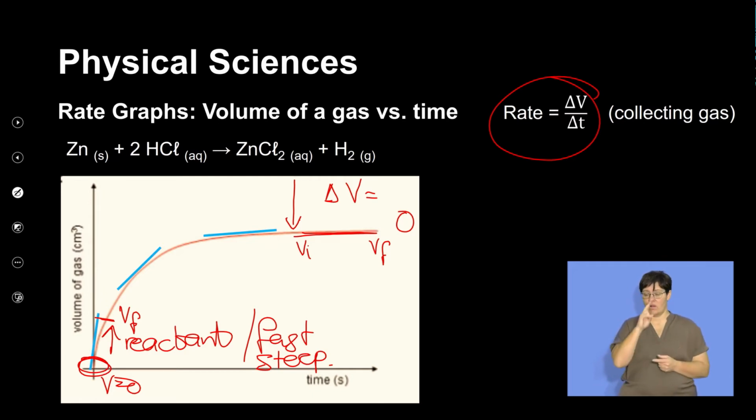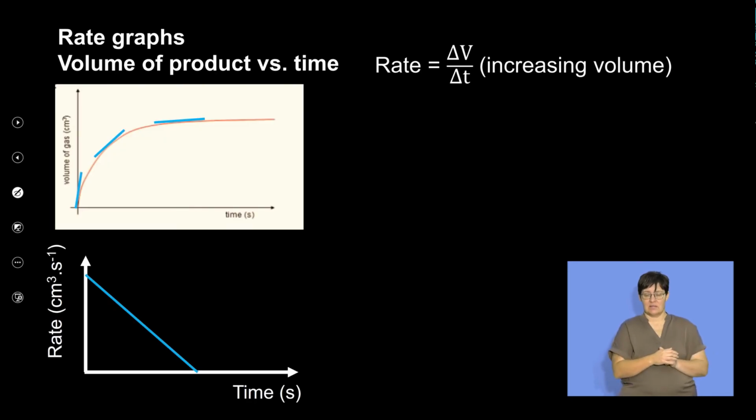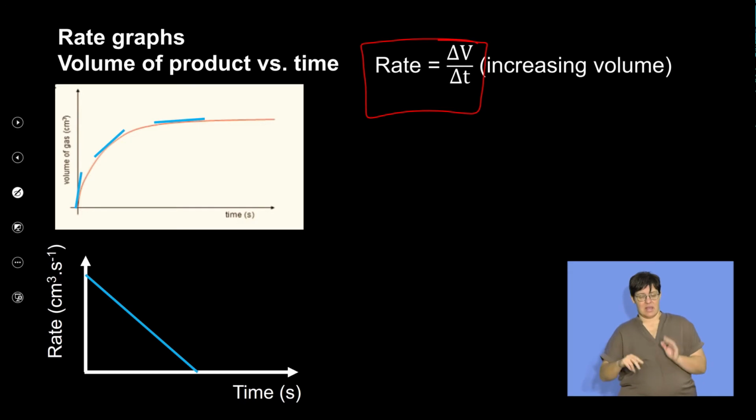So if we go look at the plotting of this with an increase in volume, even though it is a positive rate expression, we will still see that we have a negative gradient starting from your high positive to your 0.